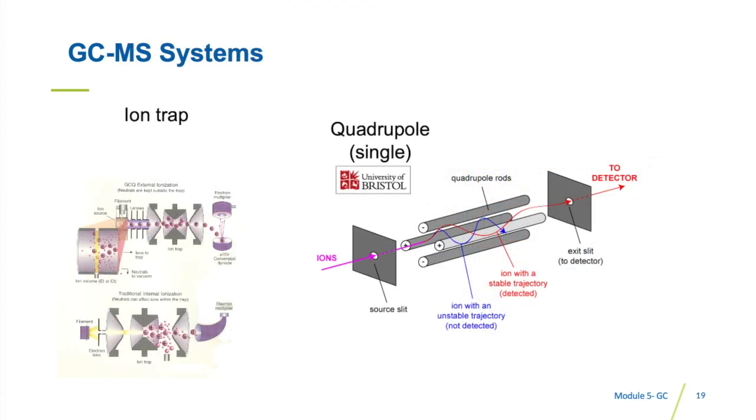The mass spectrometry component of a GCMS system is the same as described in Module 4 dedicated to HPLC and in the upcoming Module 6. Briefly, a quadrupole maintained under high vacuum uses radio frequency and polarity switches to guide ions of a particular mass-to-charge ratio to a detector.